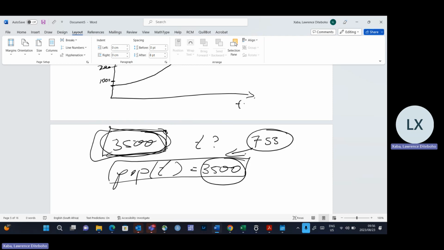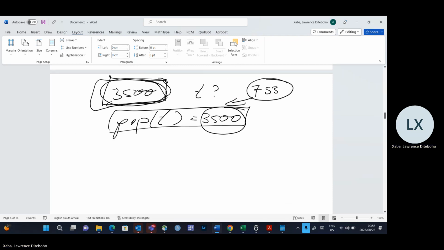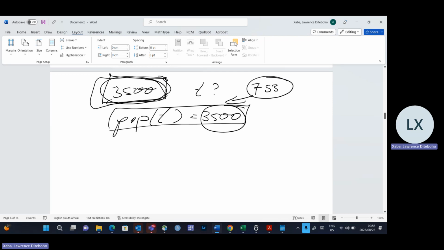So it means our interest is to find t, time. T, remember, represents time. We want to know how long it's going to take to have a population of 3,500, where currently we have a population of 753.